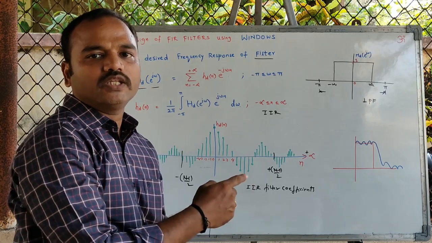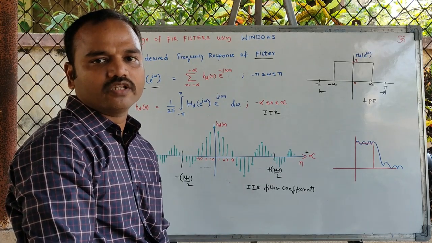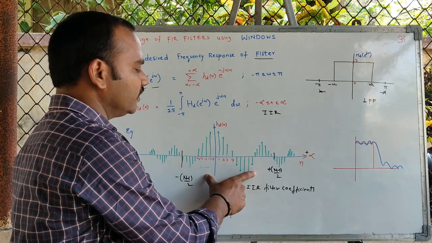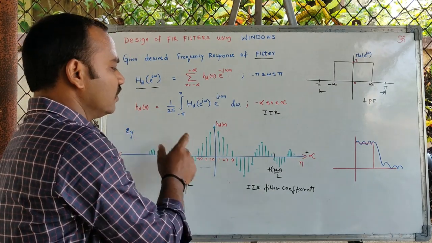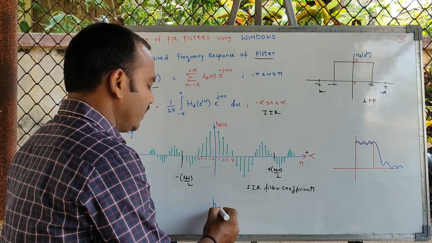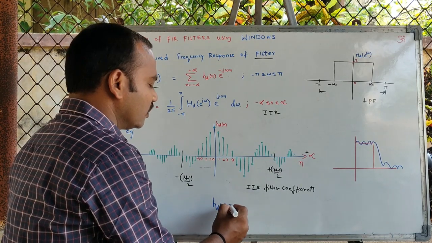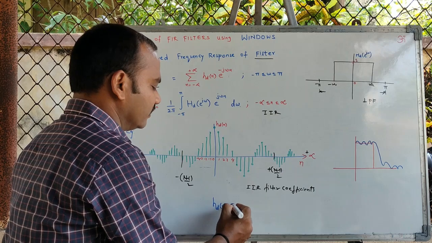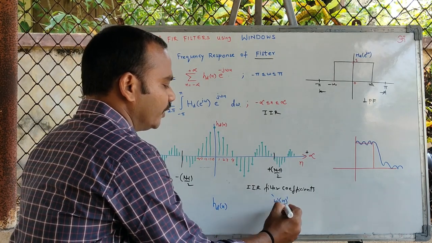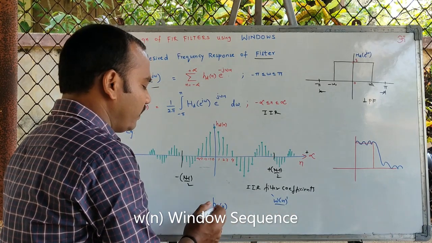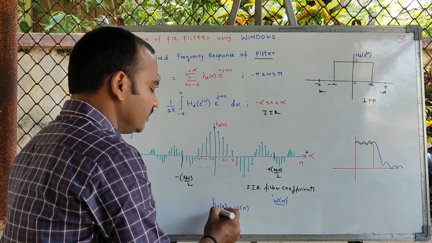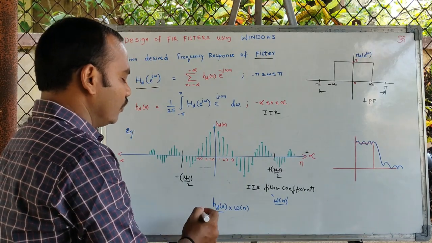To reduce the ripples in the frequency response of the filter, instead of abruptly truncating the filter coefficients, we use a finite duration sequence called W of n, called a window, which is multiplied with the desired filter coefficients.